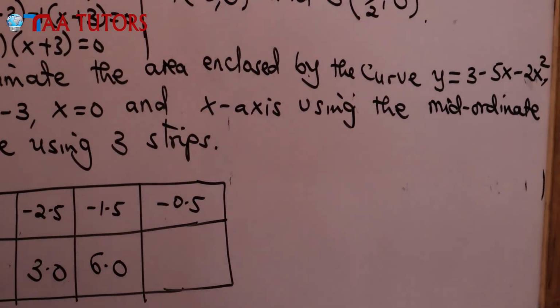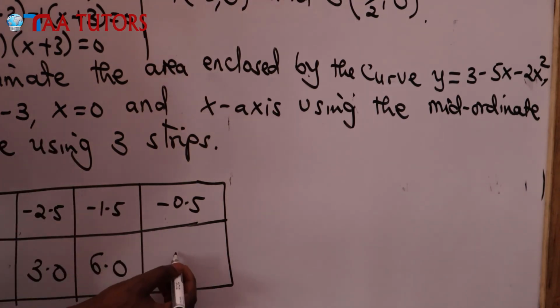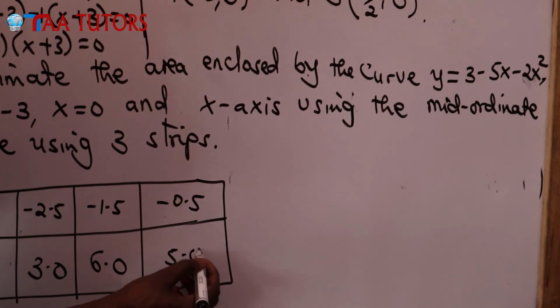And then we substitute negative 0.5, that is 3 minus 5 into negative 0.5 minus 2 into negative 0.5 squared. We get 5.0.